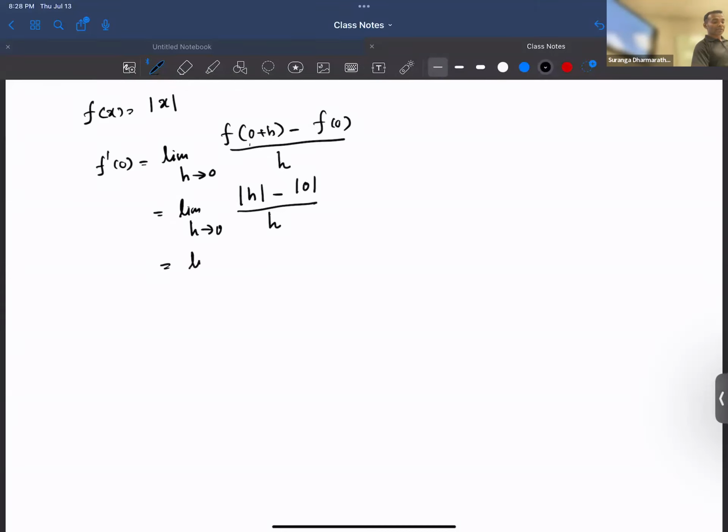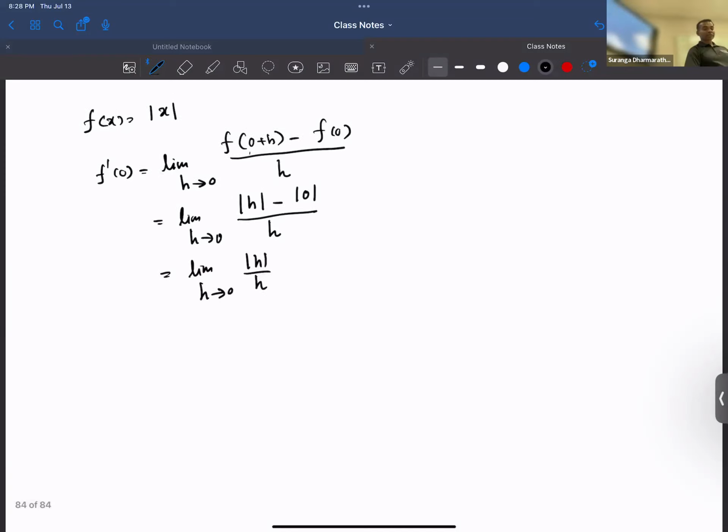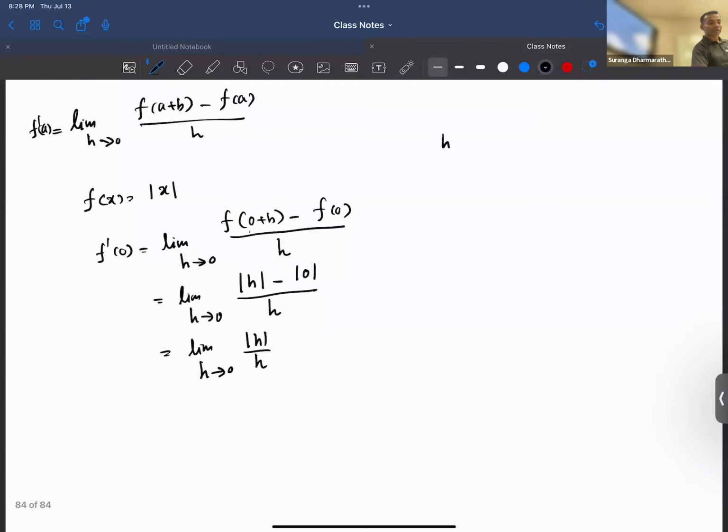And then limit h goes to 0, magnitude of h divided by h. Now magnitude of h is defined as h when h is greater than 0, and negative h when h is less than 0. What does that mean?